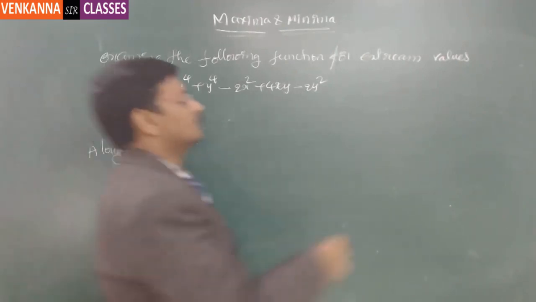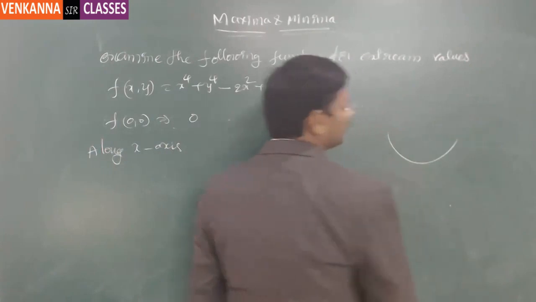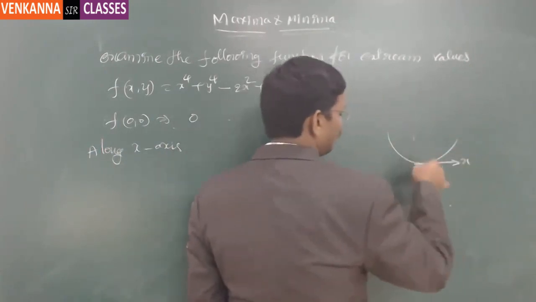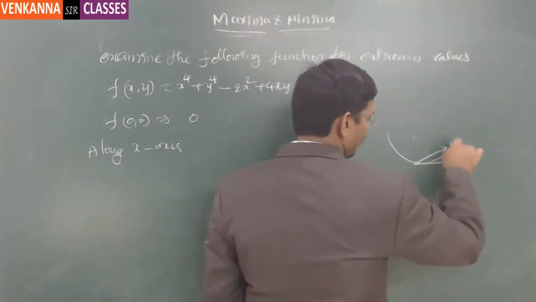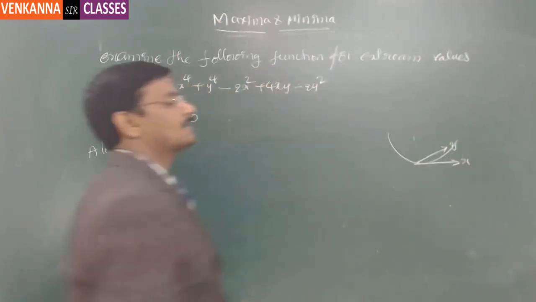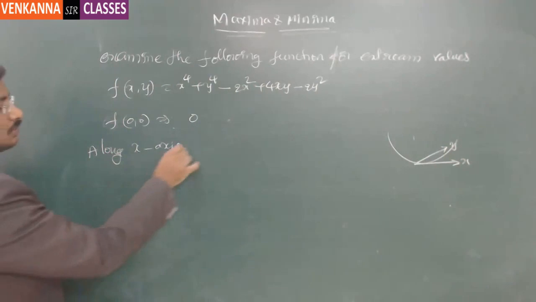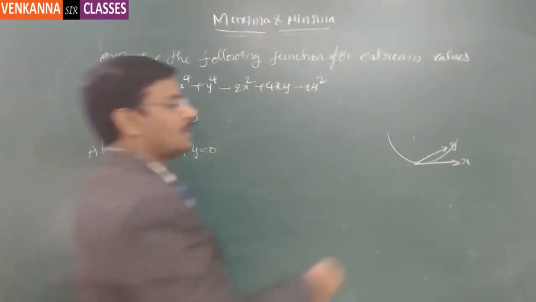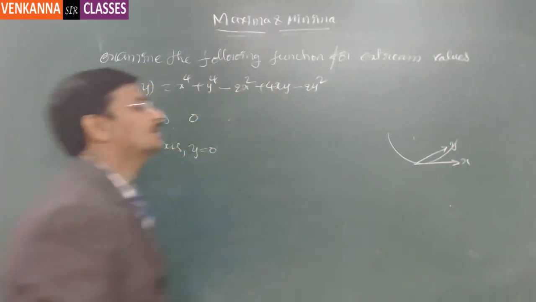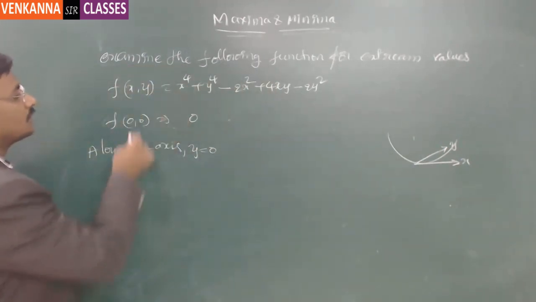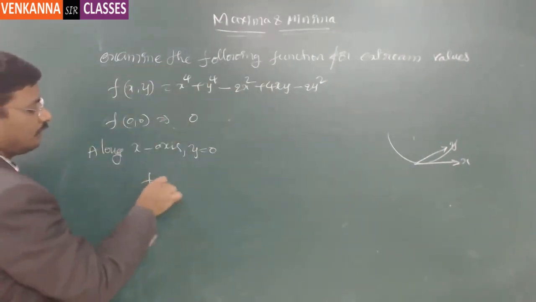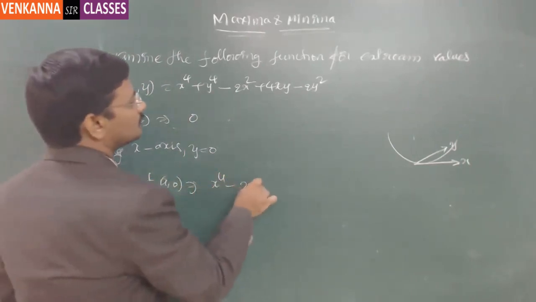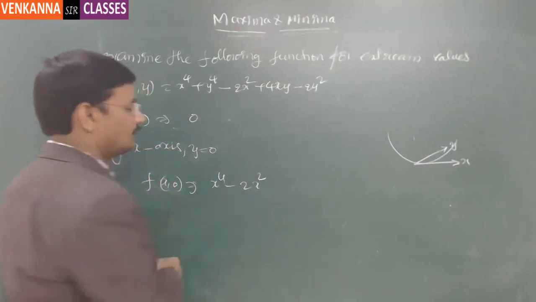That means, suppose let us say this function is like this. Now this is x-axis and this is y-axis. Now along x-axis, that is y is equal to 0, on this function, if you try to approach the value along x-axis, that means keeping y is equal to 0 in the equation, this value will be f of x comma 0. So x power 4 minus 2x square. So this is the value.